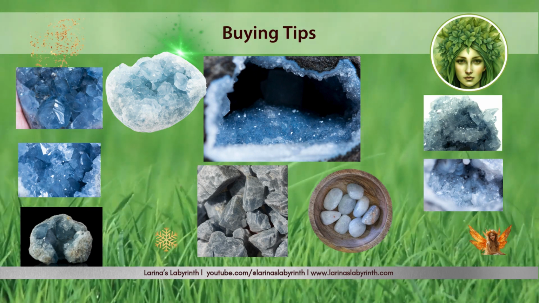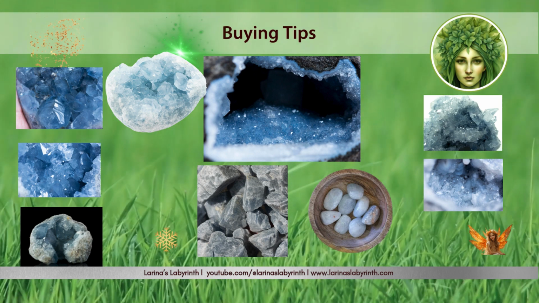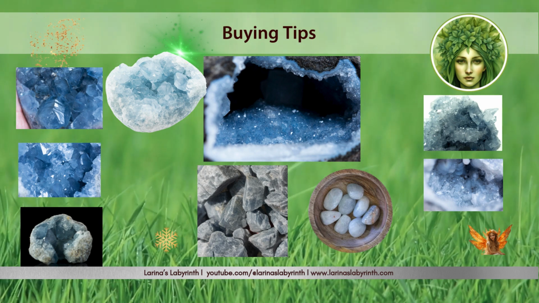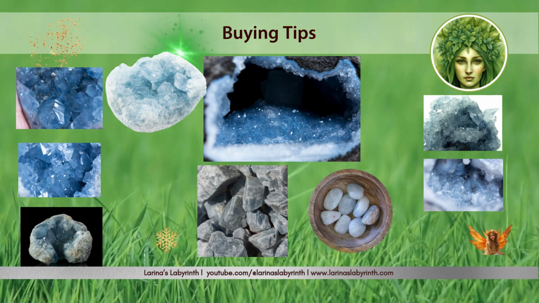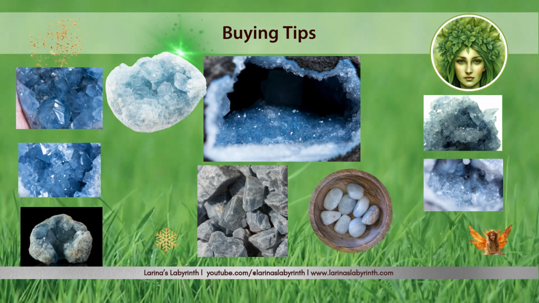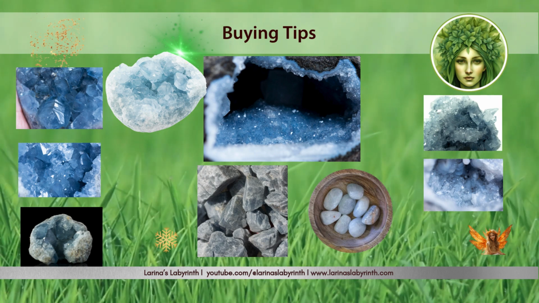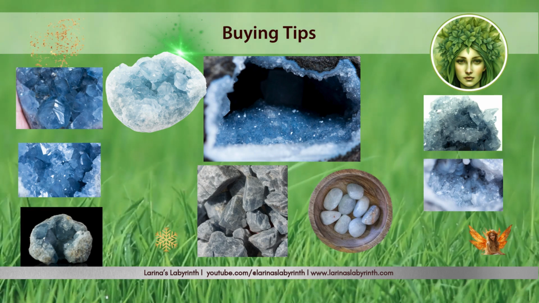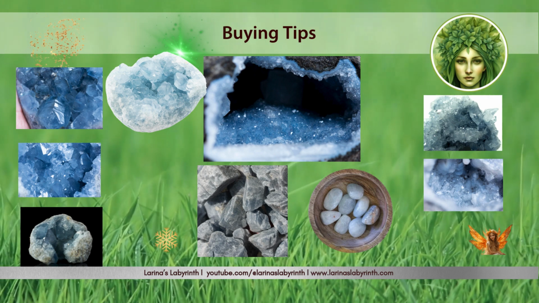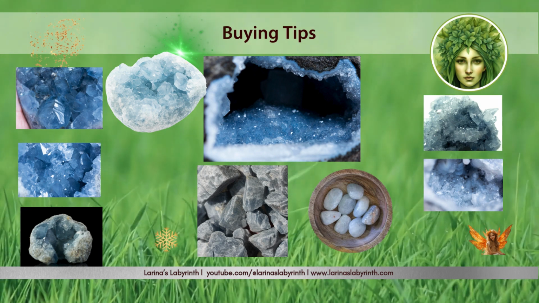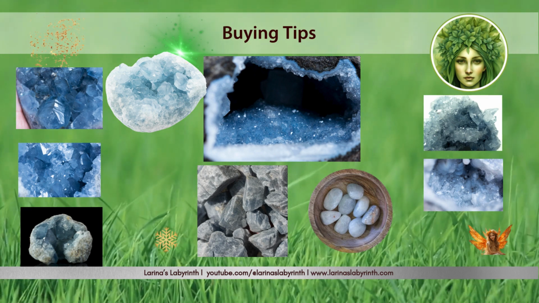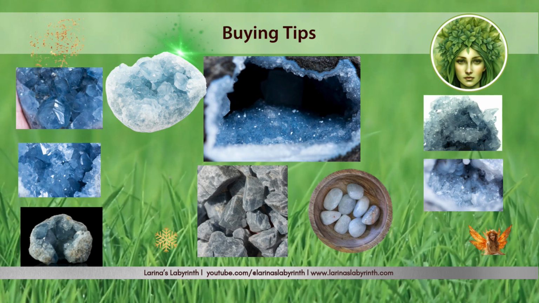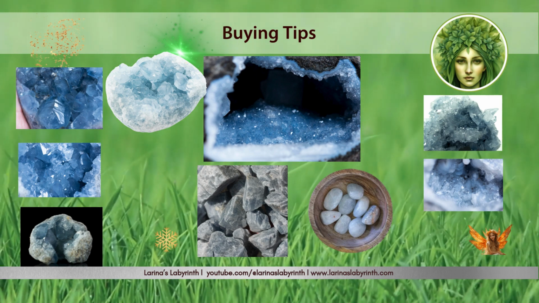I'm wondering if that's a coating that is placed at source. Once the suppliers and retailers have dug them out of the ground, if the geodes are fragile, I'm wondering if they put a grey coating over it to protect the geode for travel, because none of the Celestite geodes that I saw had that grey covering. So if you know the answer to that, please feel free to let us know.